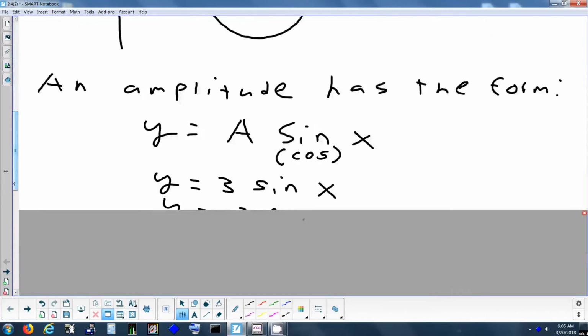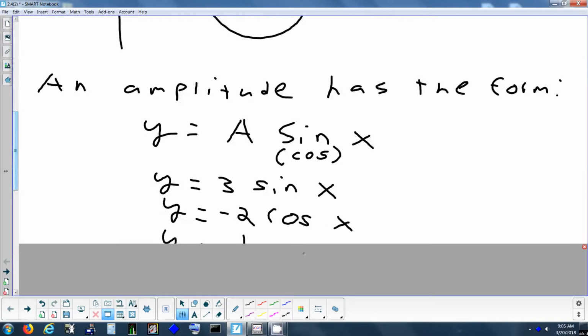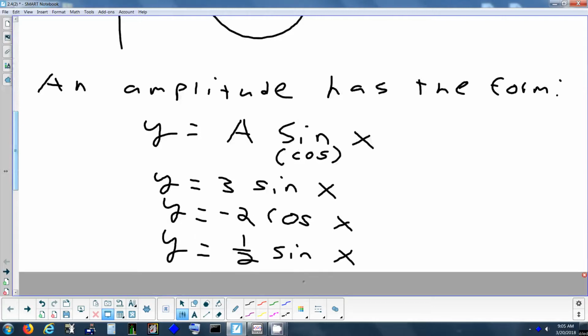Here's an example, 3 sine x. That's an amplitude change. -2 cosine x. Now that one's a little different. There's two things happening. The 2 is going to do something. The negative is going to do something. We'll talk about each one separately. And there's another one, 1/2 sine x.